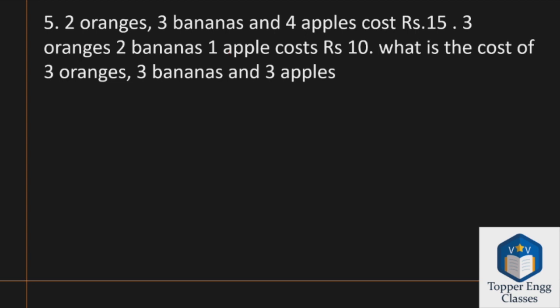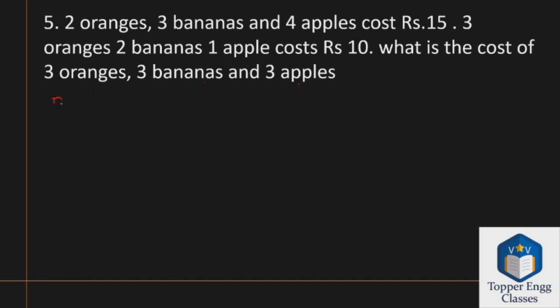Question 5. 2 oranges, 3 bananas and 4 apples cost rupees 15. 3 oranges, 2 bananas, 1 apple cost rupees 10. What is the cost of 3 oranges, 3 bananas and 3 apples?